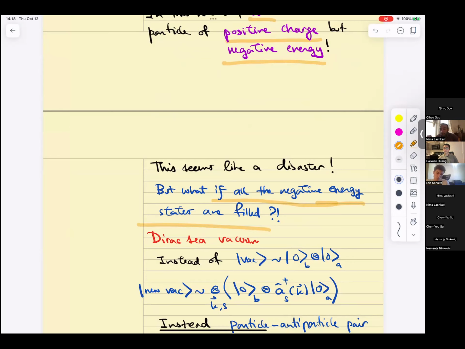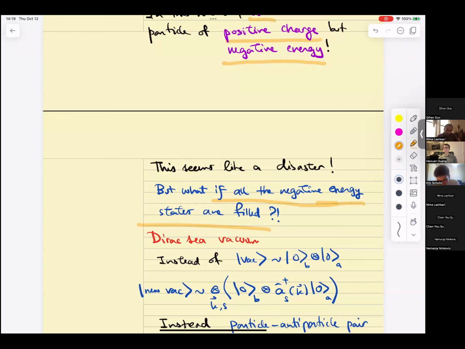Remember that these are Dirac fermions. These are fermions, so you cannot arbitrarily excite multiple of them. Of each mode, you can excite only one. You can only put one fermion in each state, right? So what if your vacuum is such that all the negative energy states are filled? Then there's no room to excite them further, right?